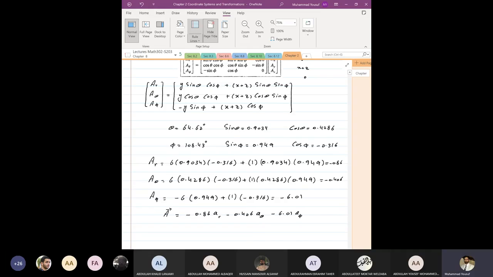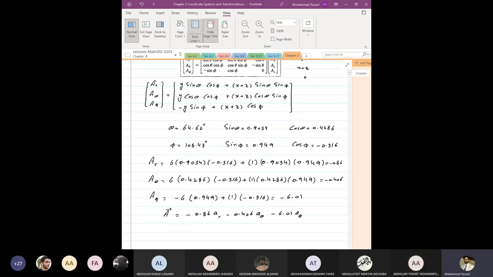Evaluate Q, the vector name is Q. Capital Q is the name of the vector, like we are using capital A. Evaluate Q at point T in the three coordinate systems, same thing we did here. Its solution is also given in the book. You can verify your answer, but try to do this in your own way.